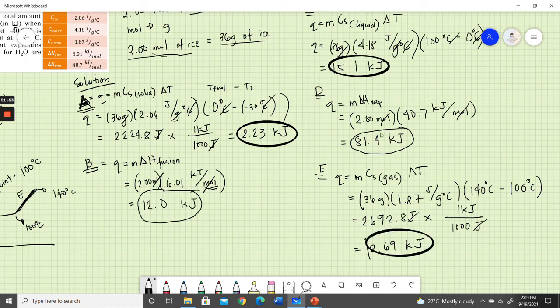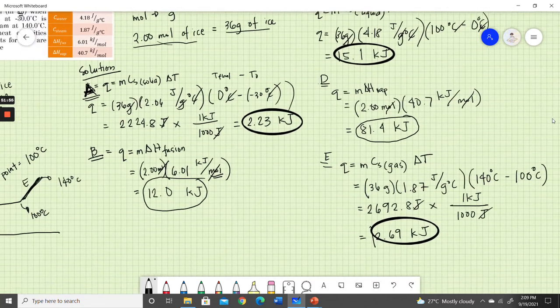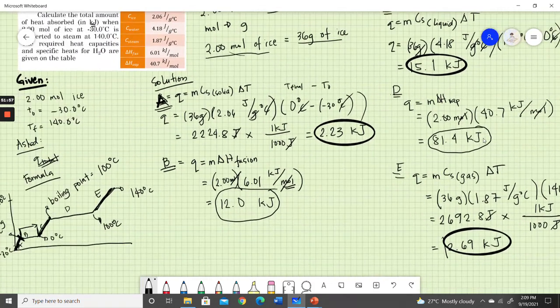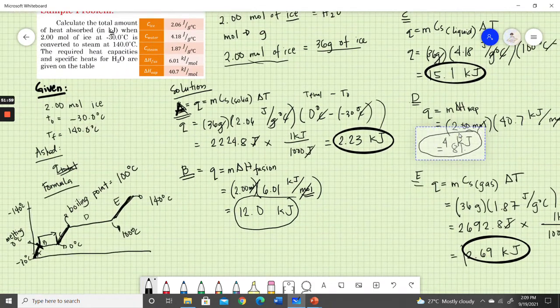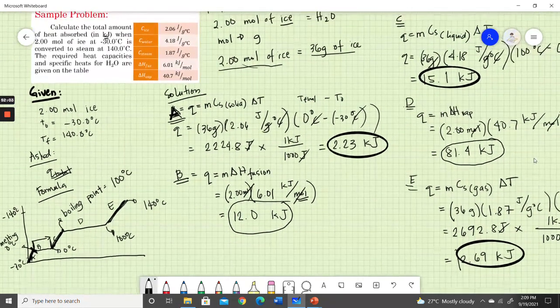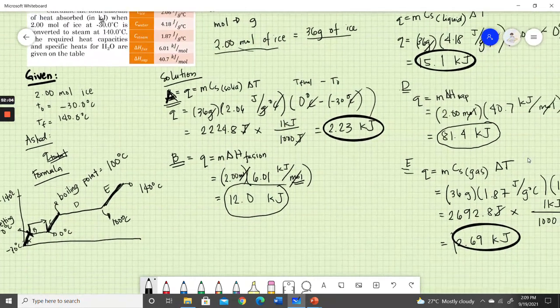So after getting all of these, we're not done yet. What we just have to do now to get the total heat is to add all of them. So the Q total is basically adding all of them.